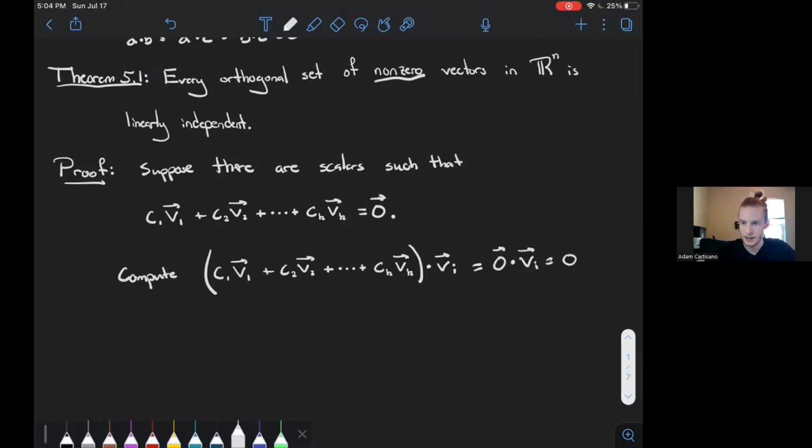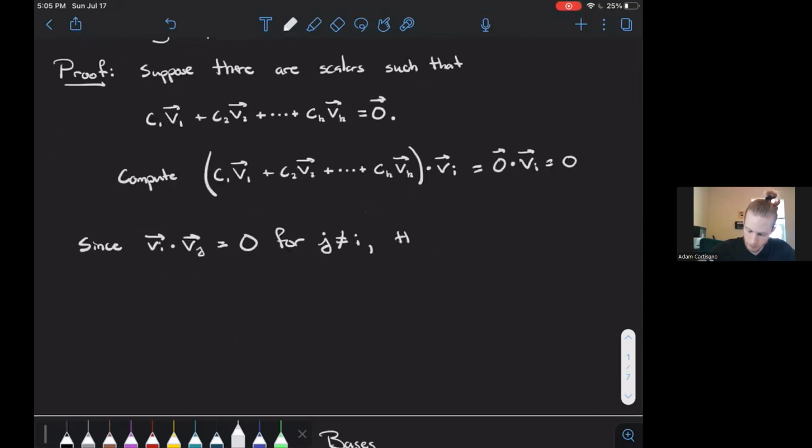But since vi dot vj equals 0 for j not equal to i, this says that every single dot product is going to be 0, except for ci vi dot vi.